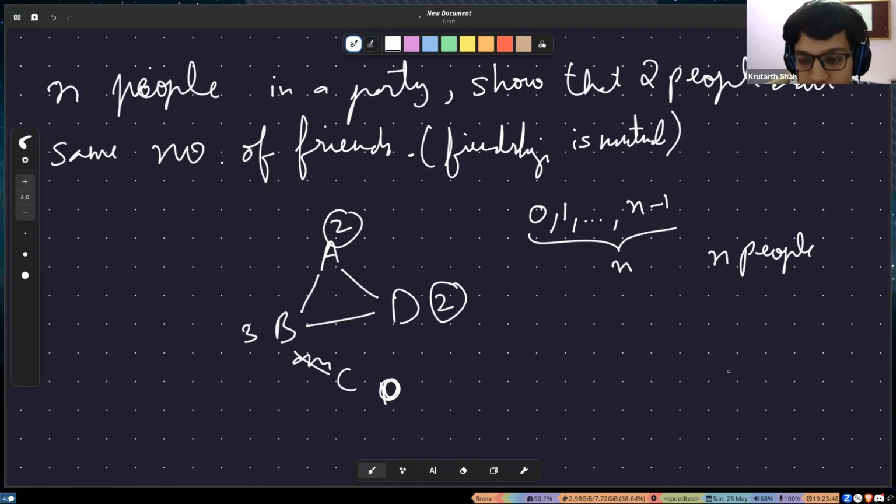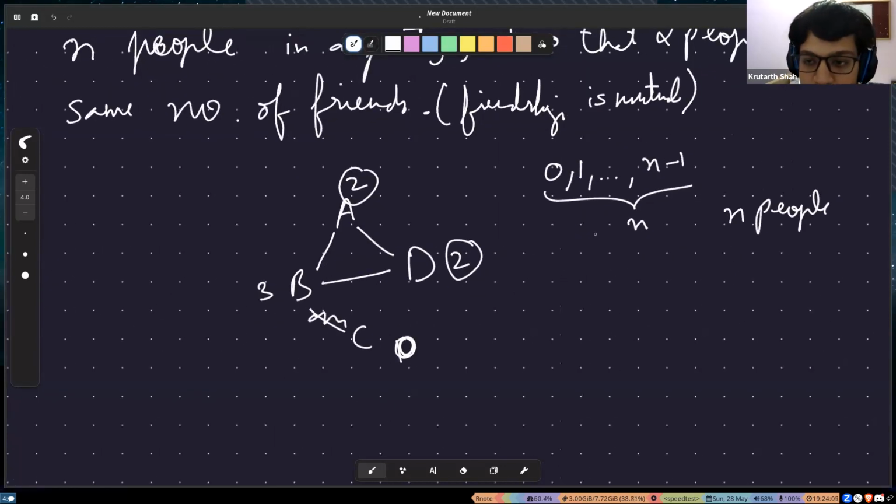So how would you fix this? Zero and n minus 1 can't be together. n minus 1 means he should be friends with everyone. Yeah, exactly. If I have a person friends with everyone and a person friends with no one, they can't exist together, because will they be friends or not?